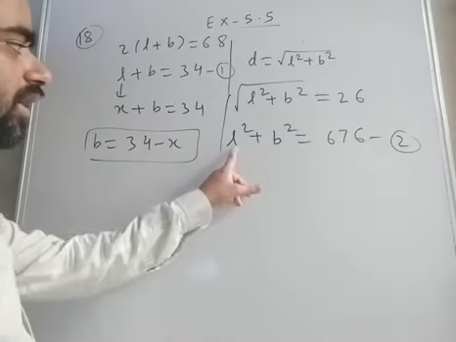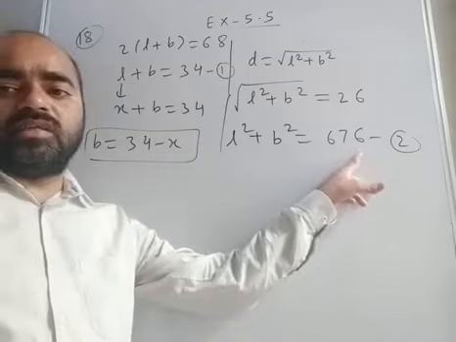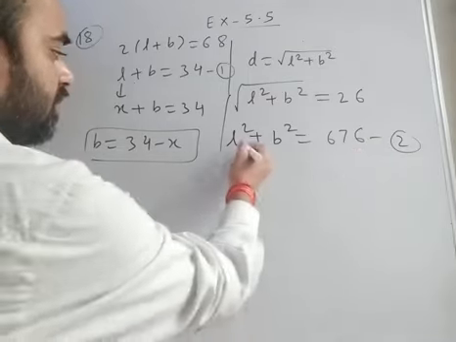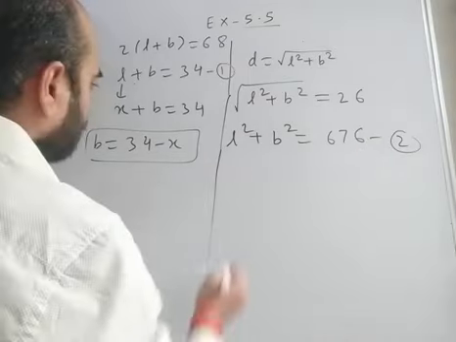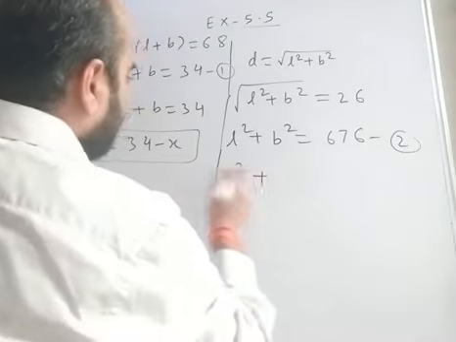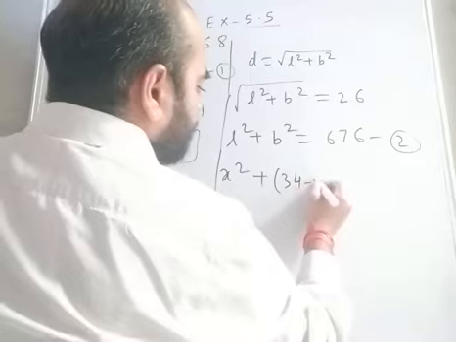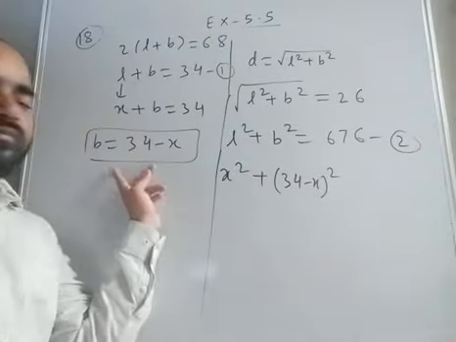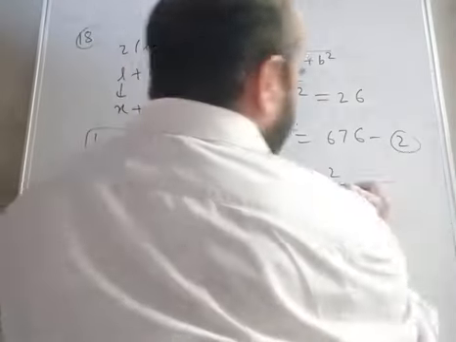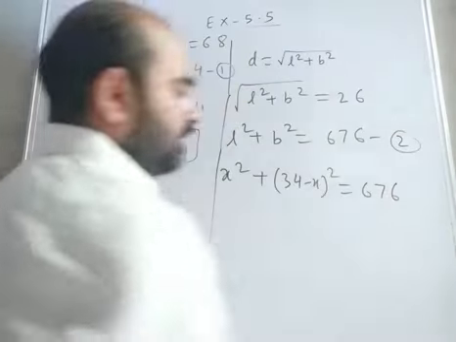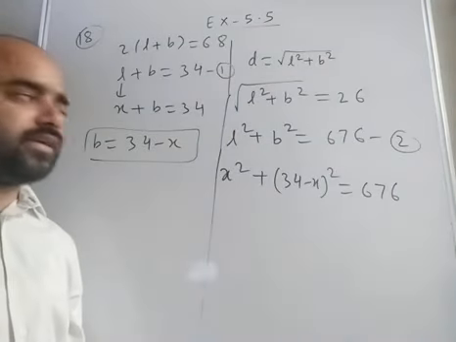See this equation. L square plus B square is 676. Now L square means x square. We have taken L as x, B is 34 minus x whole square, equal to 676. Correct?